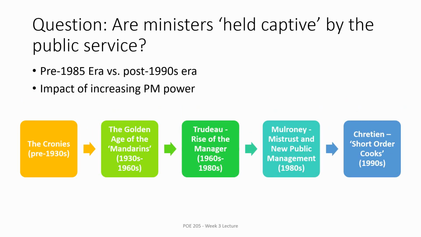So that's one of the key questions that scholarly literature has talked about: who's really in charge? Is it the minister, or is it the deputy minister, or the public service? And we might say, well, in the first era, pre-1985 or during the age of the mandarins, the ministers were kind of held captive by the public service, that civil servants were making the policy rather than elected officials. They had a monopoly on the information, which gave them a monopoly on influence.